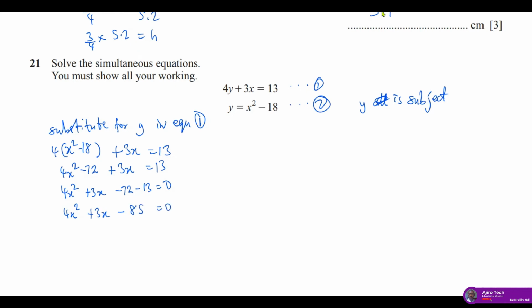So I need two numbers. Let me take the first and the third: 4 and minus 85. I look at the two of them, they have different signs, so we subtract to give the middle one, plus 3.